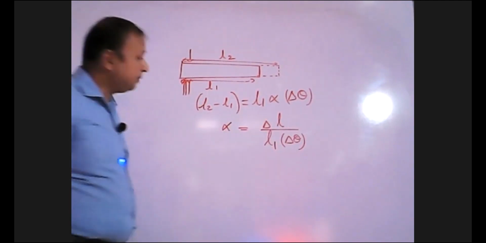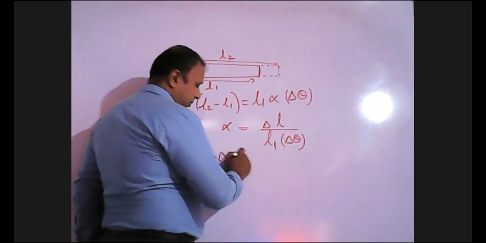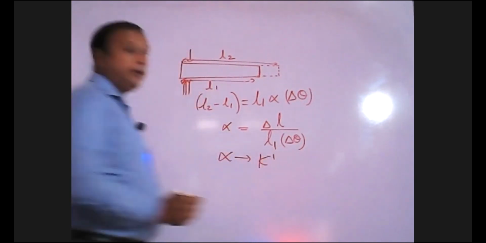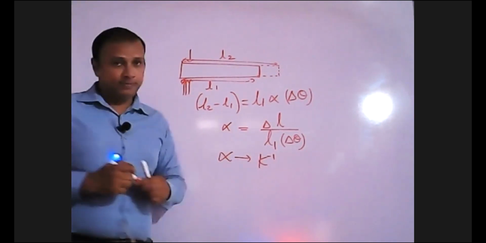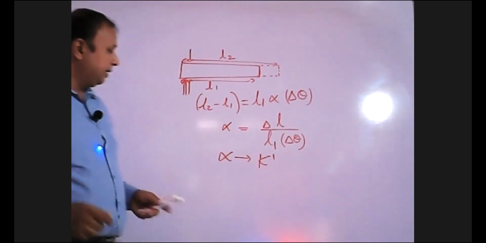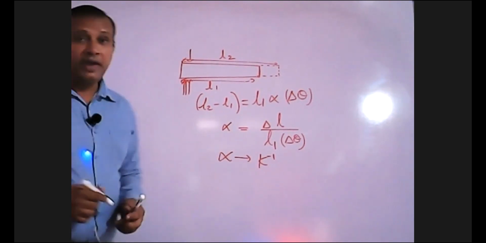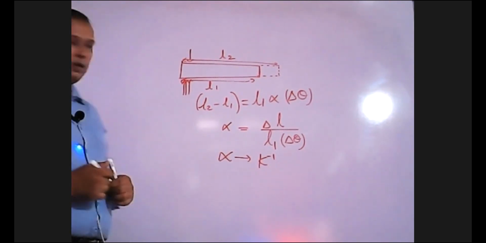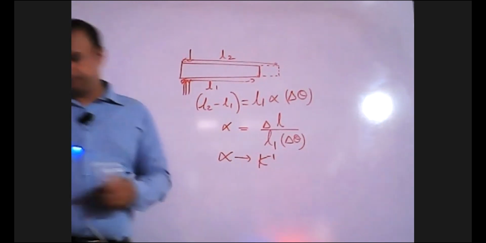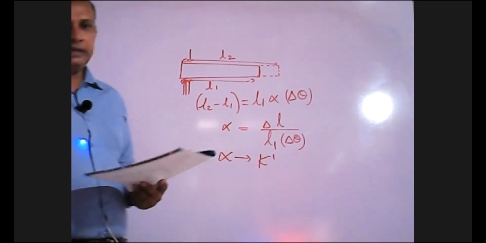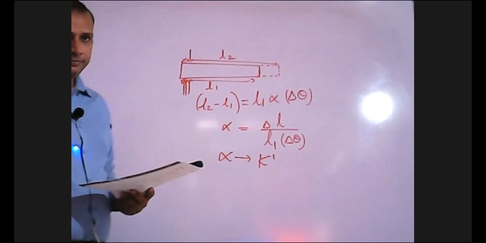It is Kelvin. So the unit of alpha is K minus 1. This is called the coefficient of expansivity. You will learn that in the heat lesson.